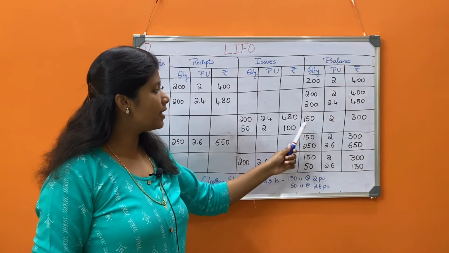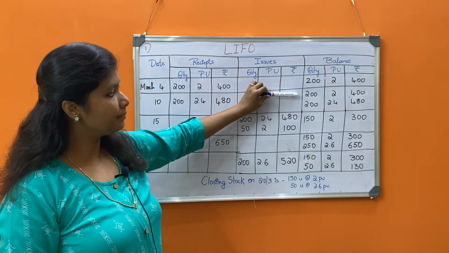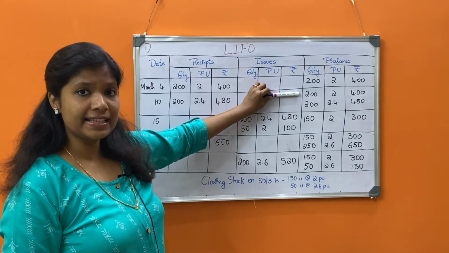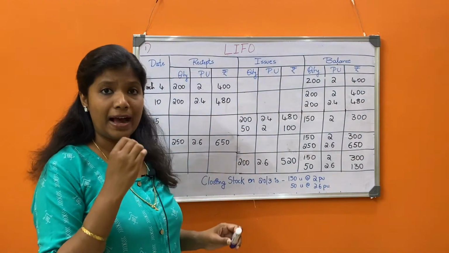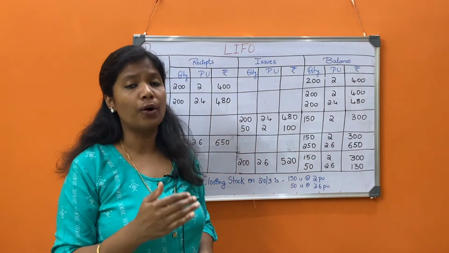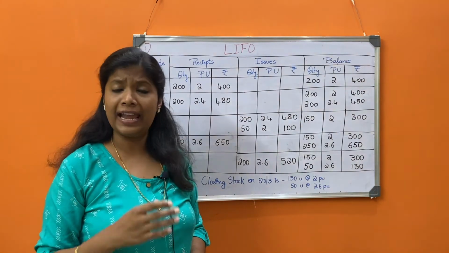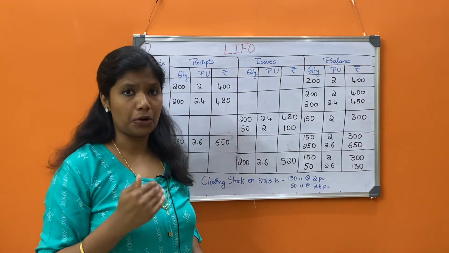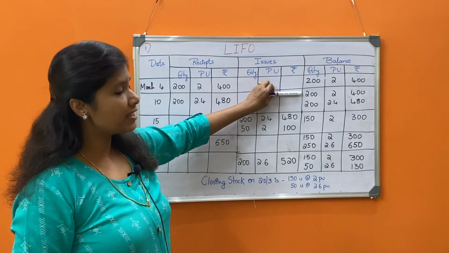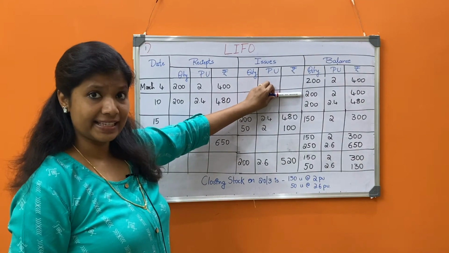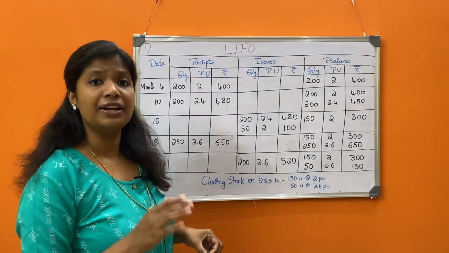So what is the balance as on 15th of March? Does this stock exist? Yes. Always when you're writing the balance, always go in chronological order, whether FIFO, LIFO, any method. Does the first stock exist? Yes, because out of 200 units, I only have issued 50.